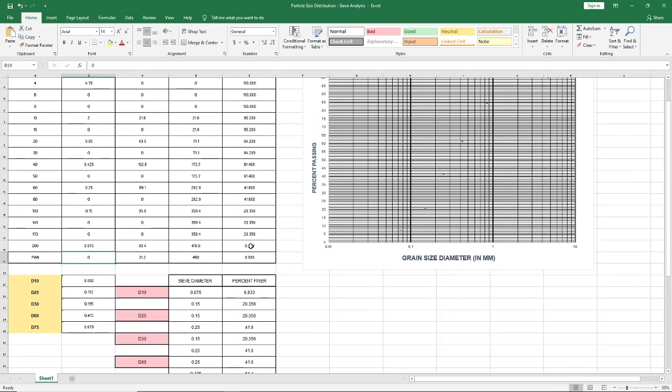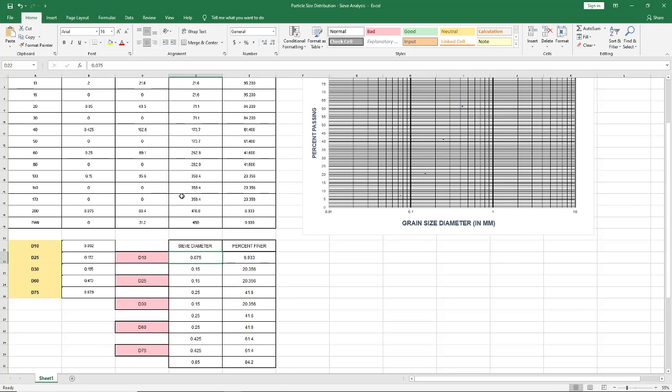In the given example, you have 6.933 and 20.356% finer at diameters 0.075 and 0.15. So we just need to input it on the sieve diameter. I didn't put any code on this because it should be manually observed and the user should be notified.